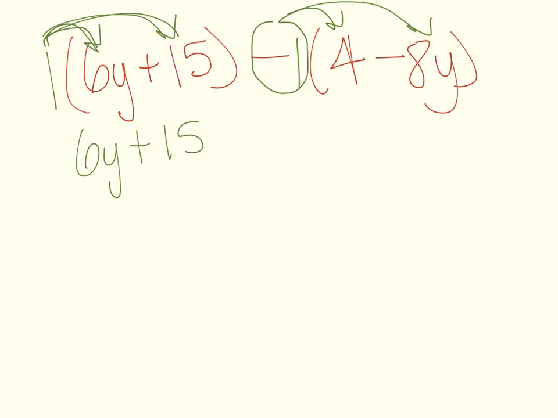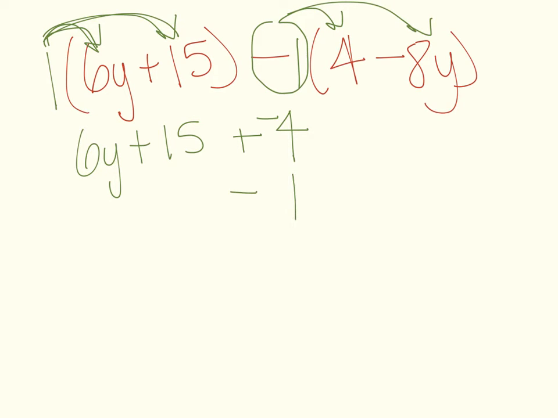Now, this negative 1 has to be distributed, and that changes things in the second expression. So negative 1 times 4 would change that 4 to a negative 4. So I'll repeat that. Negative 1 times 4 will change that 4 into a negative 4. So now you have minus 4 or negative 4. Or you can write it as plus negative 4. It's the same thing.